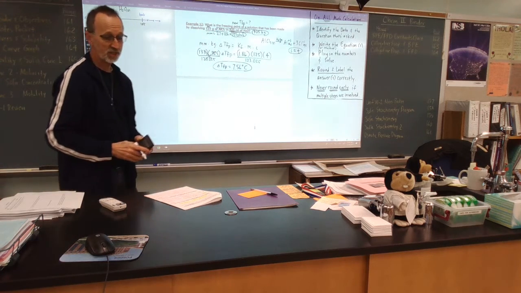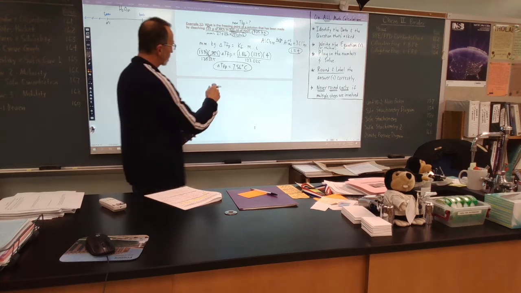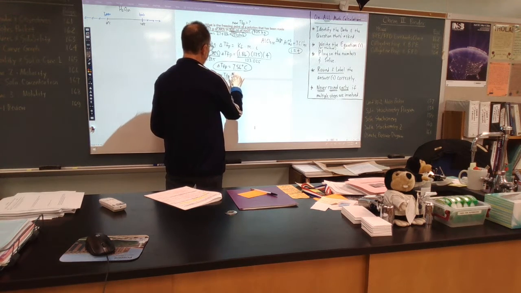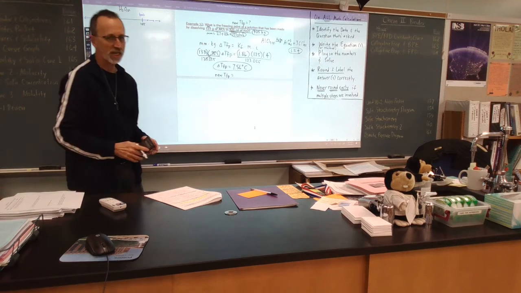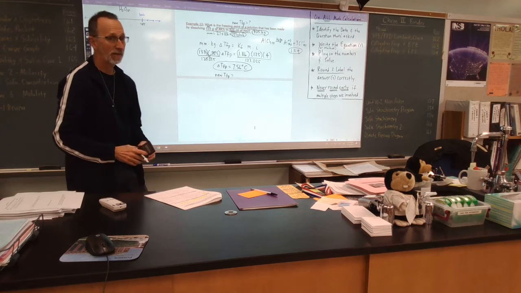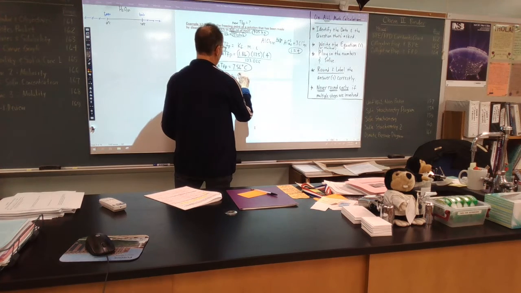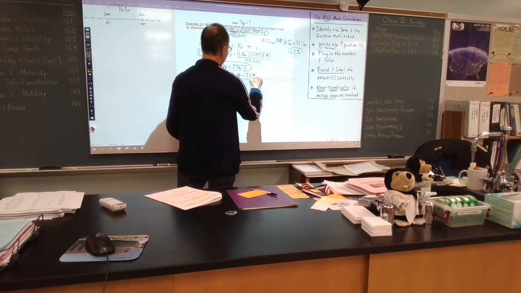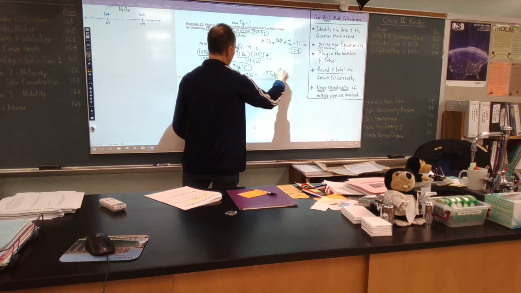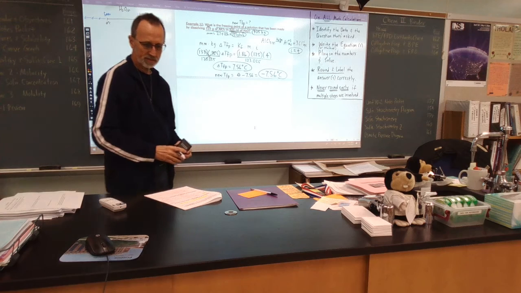That is the change in our freezing point. So the new freezing point temp then, and remember with freezing point, we subtract the change in the freezing point temp from the original. For water, that would be 0 minus 7.56, or negative 7.56 degrees Celsius.